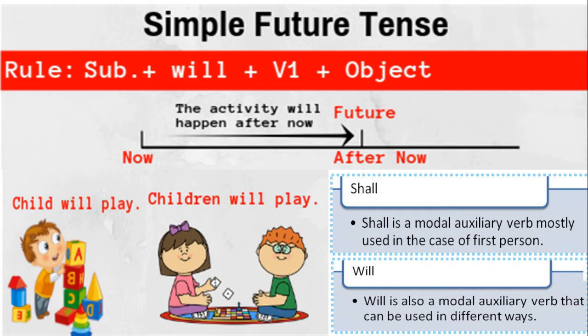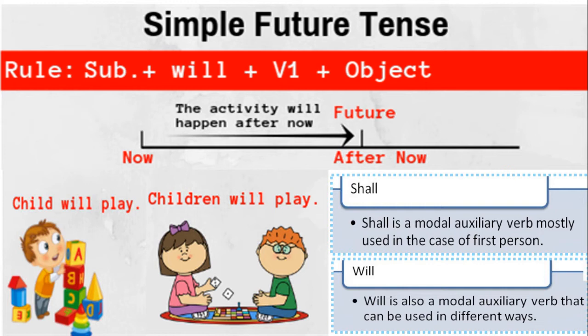So we are using simple future tense. There are 2 examples, child will play and children will play. In the first case, child will play, the subject is singular, whereas in the second case, the subject is plural.